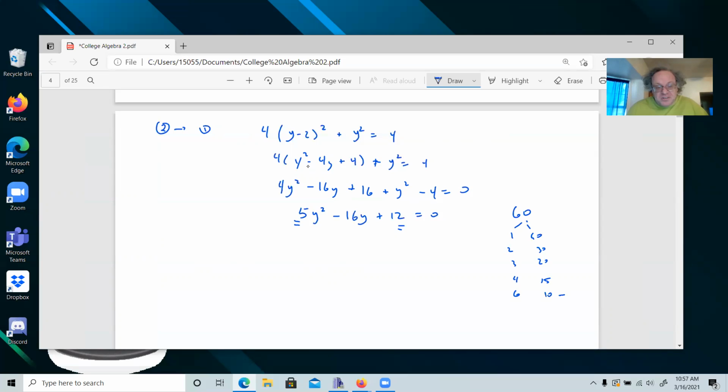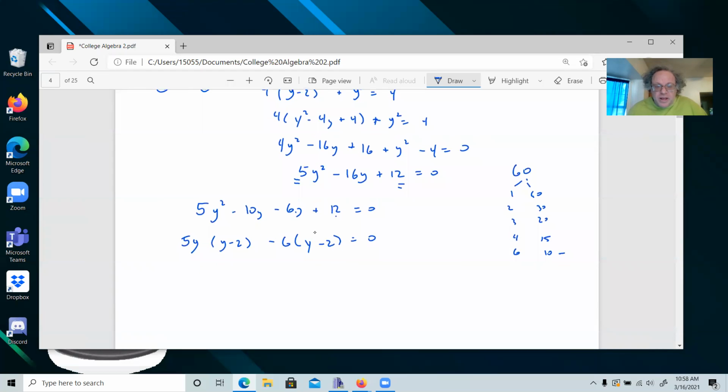So we could say this is 5y squared minus 10y minus 6y plus 12 is equal to 0. So this is 5y times y minus 2, minus 6. Notice I pulled a minus 6 out, so that changes that sign. Y minus 2 equals 0. So here we have y minus 2, and then 5y minus 6 equals 0.